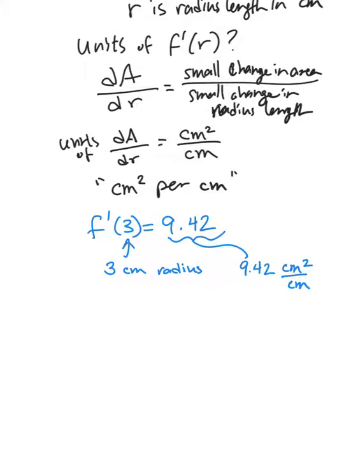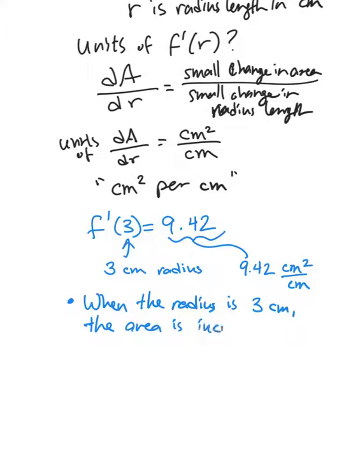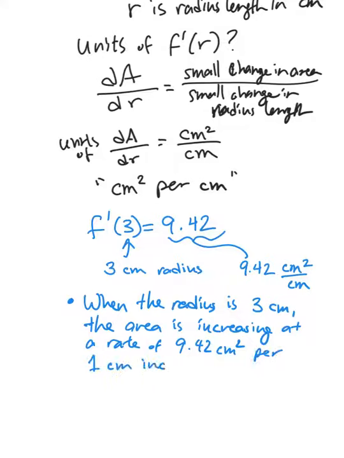So here's some ways to interpret that. The first is when the radius is 3 centimeters, the area is increasing at a rate of 9.42 square centimeters per 1 centimeter increase in radius length.